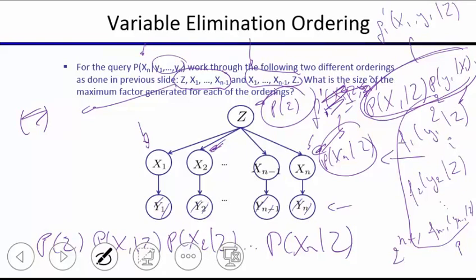This would have 2 variables in it, x1 and z, because y1 is fixed. So this would be a 4-dimensional table, or a 4-row table. Now, after you sum out over x1, you'll get this factor over here, which doesn't have x1 in it anymore. x1 will have been eliminated, and now we only have 1 variable left, which is z.